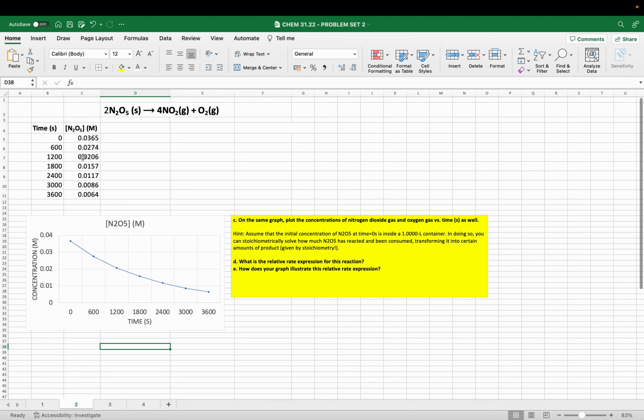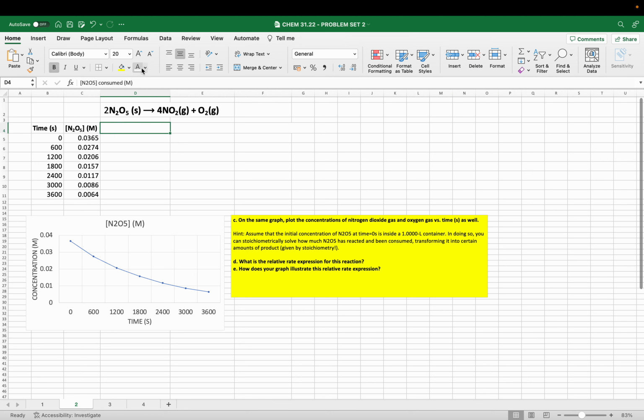We have the molarity of N2O5, but we can imagine that we have 1 liter of everything. The entire reaction is happening inside an enclosed 1 liter container. With that, you can imagine that these molarity values will also correspond to mole values. And actually, you can do stoichiometry using molarity rather than moles.